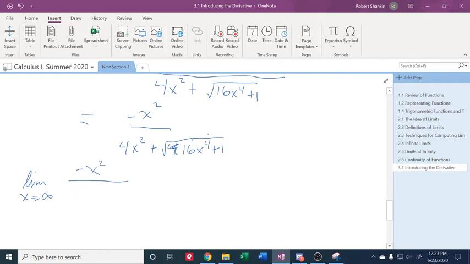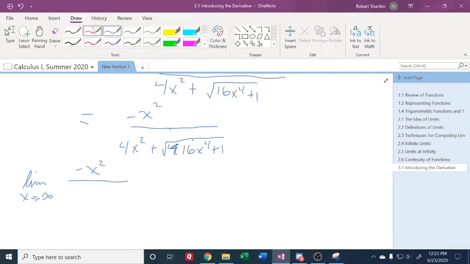now this right here, as x gets really, really, really large, this is going to get closer and closer to that. 1 won't make much of a difference. It'll become really close to 4x squared.